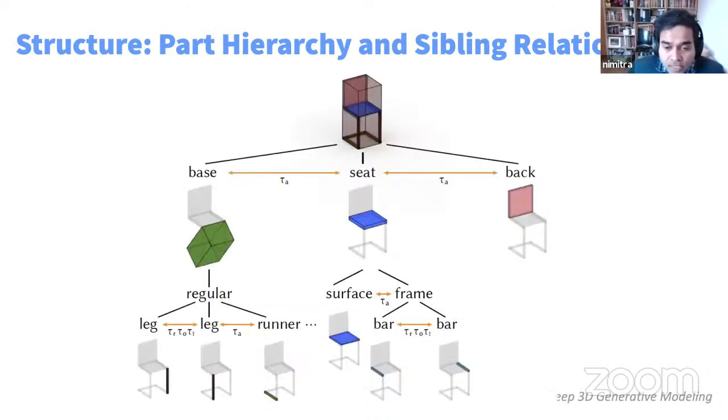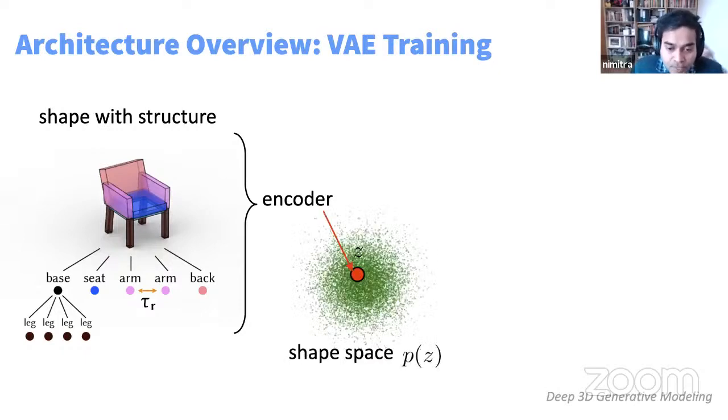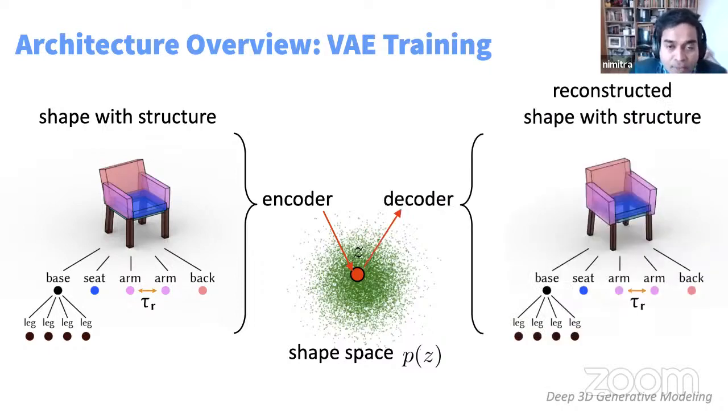Okay, so let's look at some examples of how this works. Given this chair along with the hierarchy, we need the explicit hierarchies to start with. What we are going to do is use this encoding that I explained, and that allows us to map it into this latent code from which we can decode. Now we have to define the loss function, and this is composed of three terms. We have a standard reconstruction loss that we can see here, which would be at the point level.